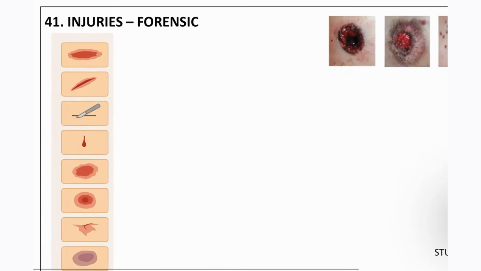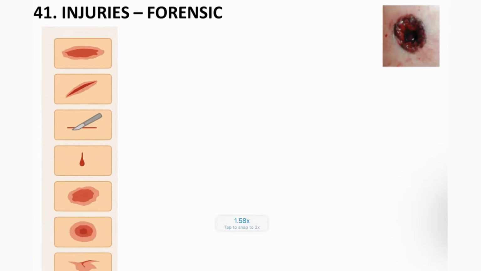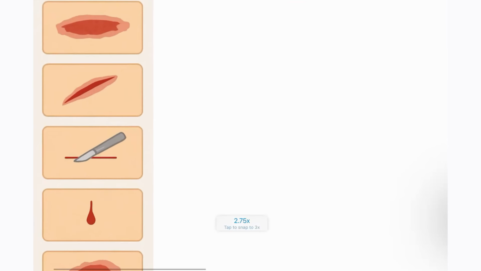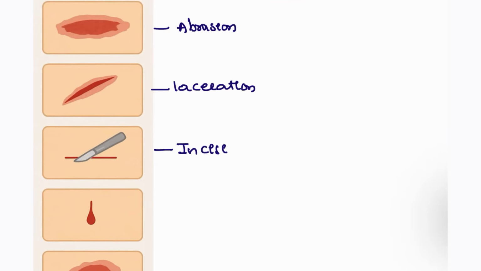Next, moving on to the injuries. In the injuries part, you have to understand how each and every injury will be presented. Here in the picture, take note of how the different structures are seen. This is a superficial abrasion, and this is a laceration. Here is an incision.